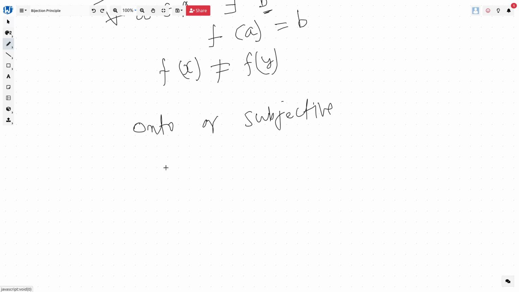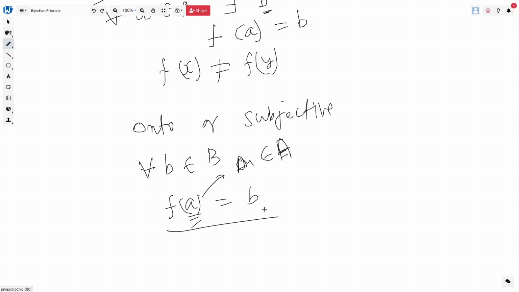It says for all elements b belonging to set B, there always exists an element a in A where f(a) is equal to b. So there always exists an element a belonging to A. If this condition holds, then it is called an onto function.